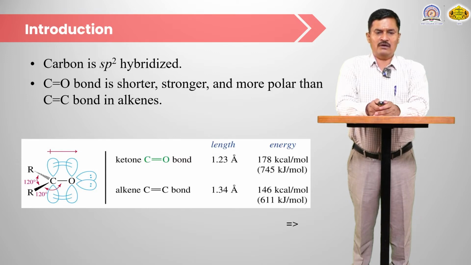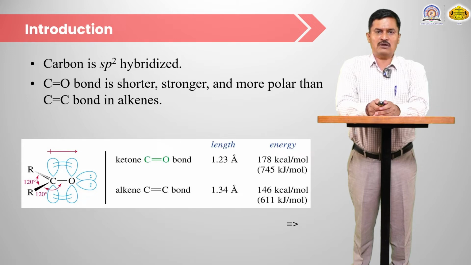The carbon-oxygen double bond is shorter because oxygen is more electronegative than carbon. So the bond length of the carbon-oxygen double bond is shorter compared to the carbon-carbon double bond, because oxygen attracts more strongly and the bond becomes shorter.